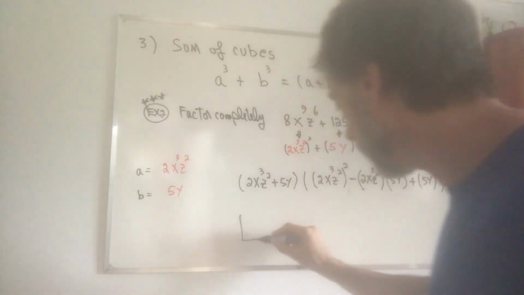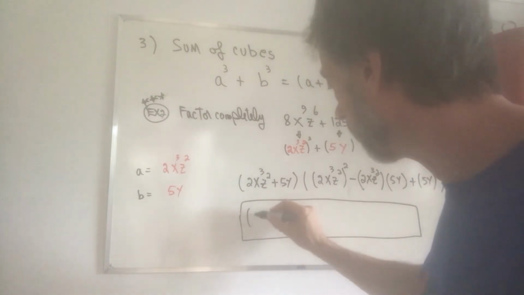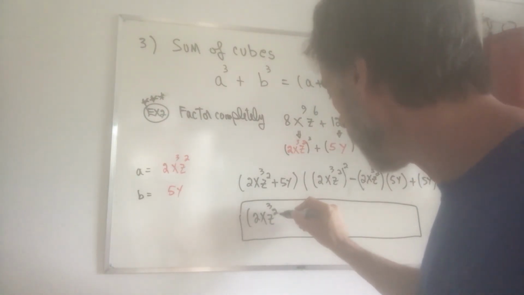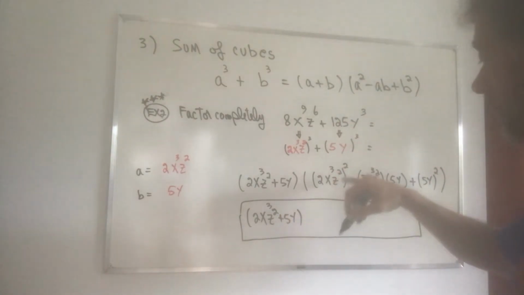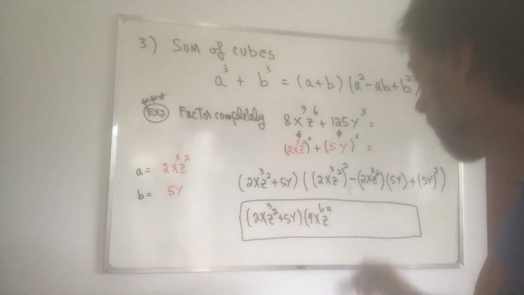So to actually get a final answer that we can box, we should probably make the effort to simplify the second bracket. 2x^3z^2 to the 2, that is certainly 4x^6z^4.